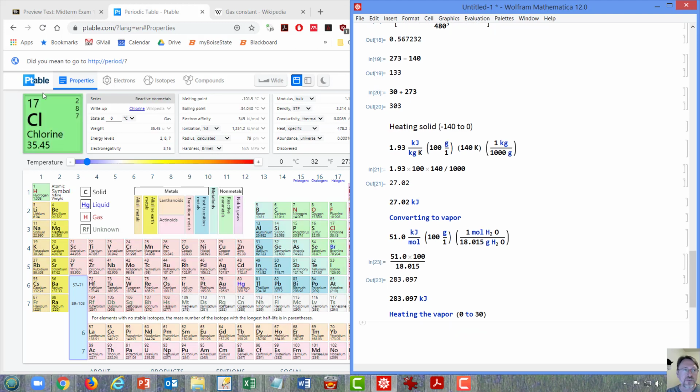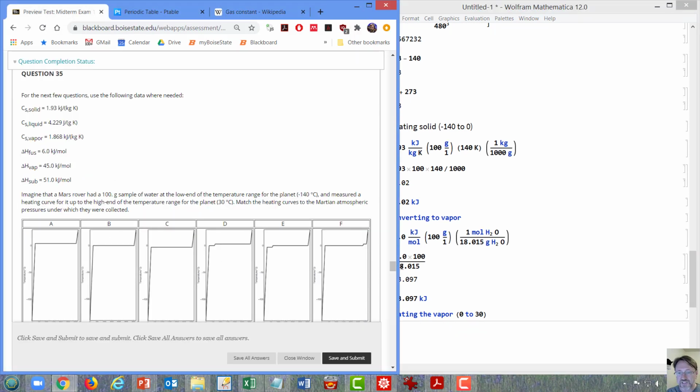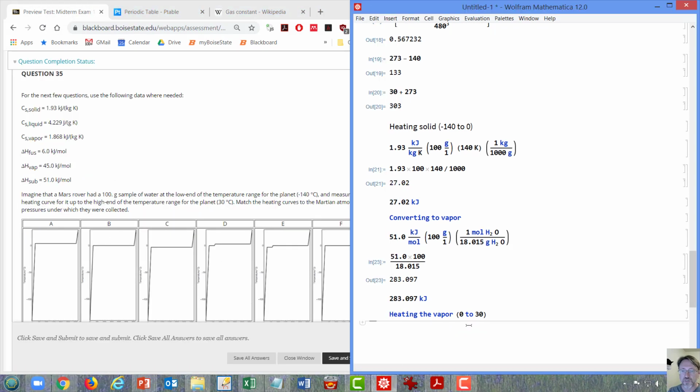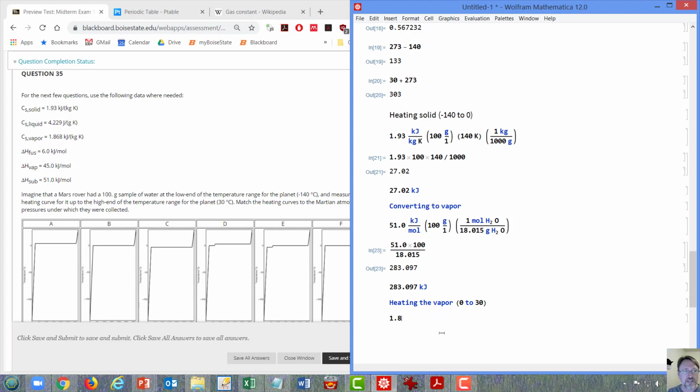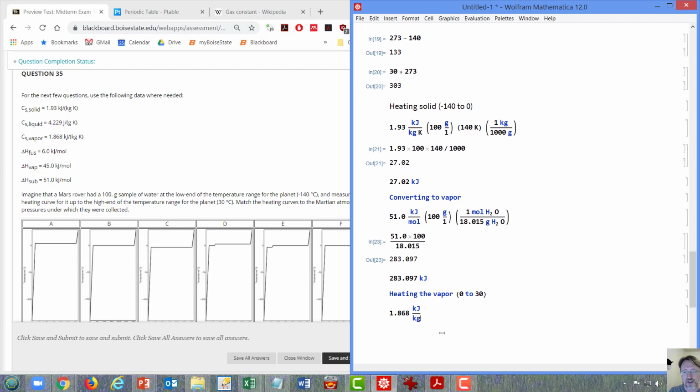All right. Remove that. Heating the vapor. The last step is to take our vapor and heat it up. We take the specific heat of the vapor, 1.868 kilojoules per kilogram Kelvin, multiply by the amount that we have, 100 grams. Again, put it over 1 so we can see what we're canceling. And the temperature change, which is 30 Kelvin.